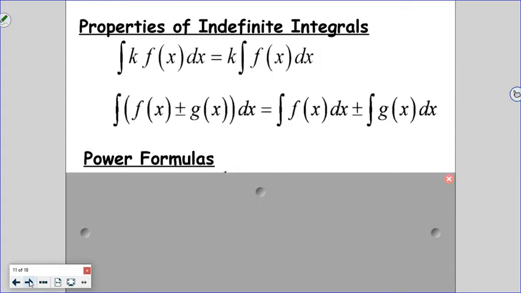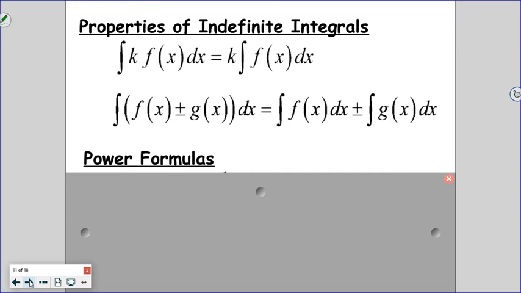Rules like we see up here, rules for our indefinite integral, those are the same rules that we've already seen for a definite integral. So those things are not changing. The first one is talking about a constant multiplier. If we have some constant times our function, we can slide that constant out front and just look at the integral of the function.